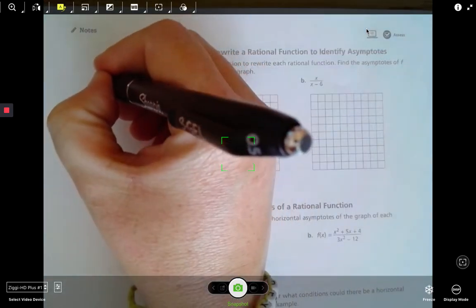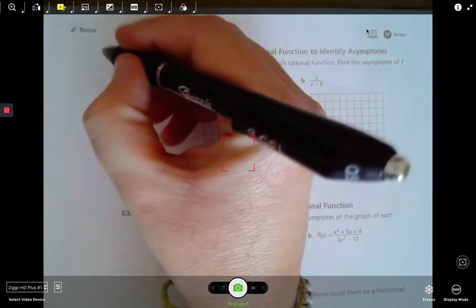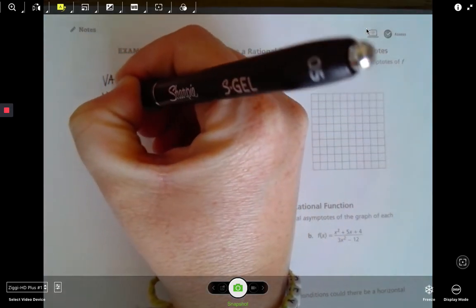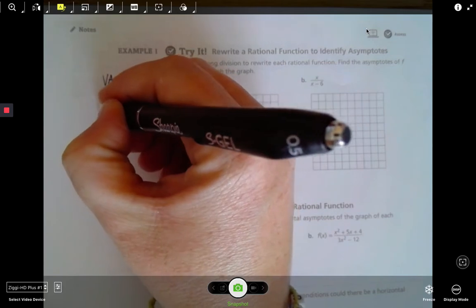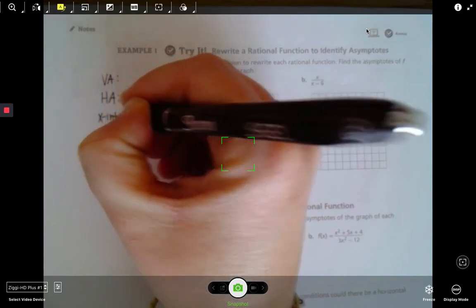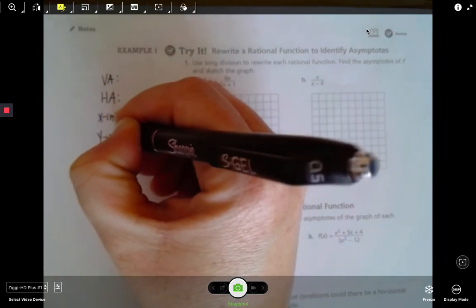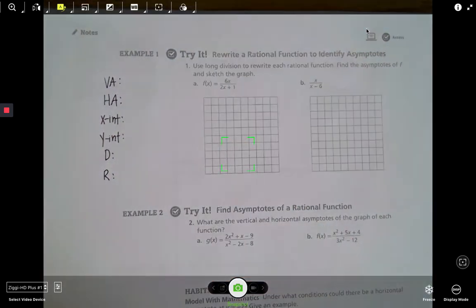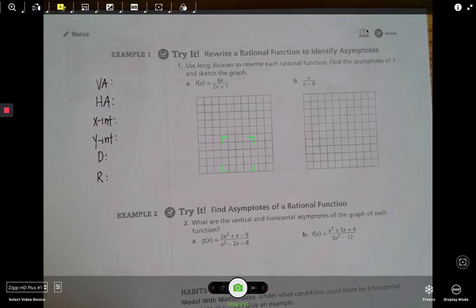We are going to find our vertical asymptote, our horizontal asymptote, our x-intercept, our y-intercept, our domain, and our range. We're going to find all that information out about each of these, okay?